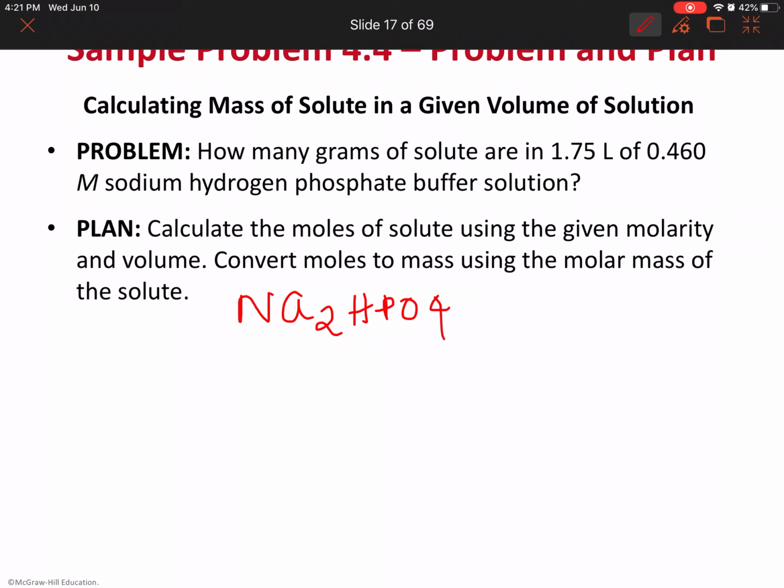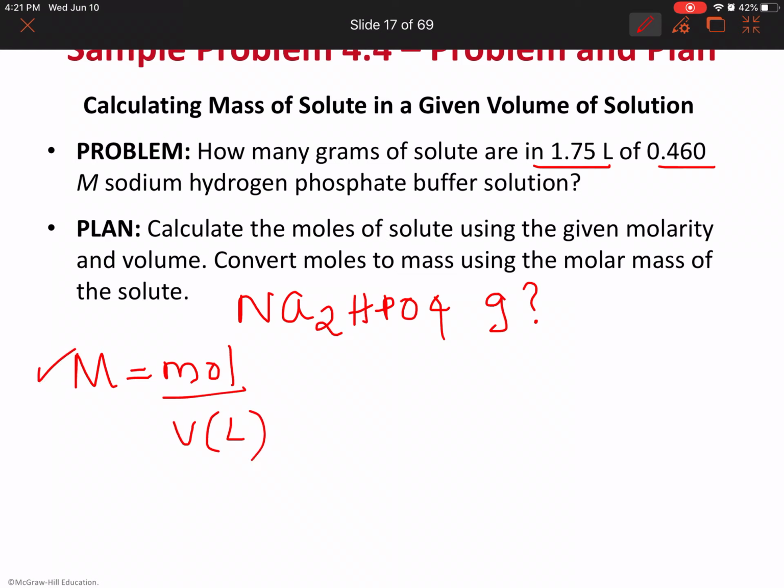We want to find out the grams. We are given the volume, we are also given the molarity. We know molarity equals moles over volume in liters. We are given molarity, we are also given volume. So then the number of moles are going to be M times volume, right?